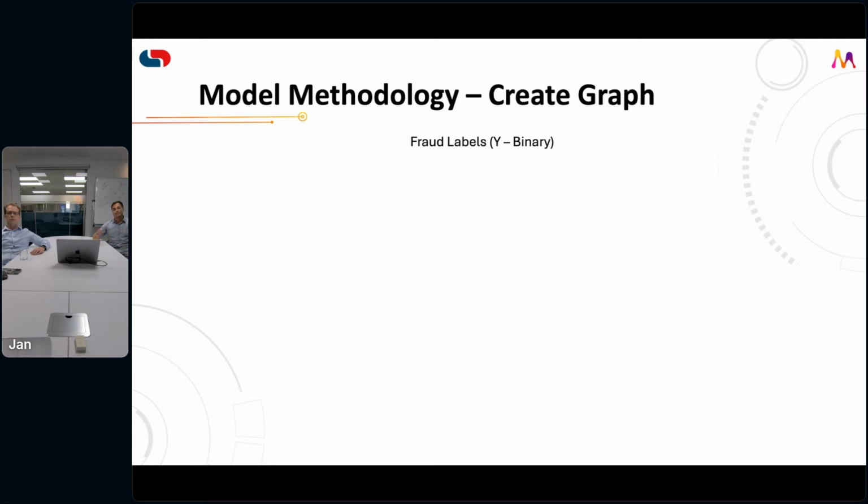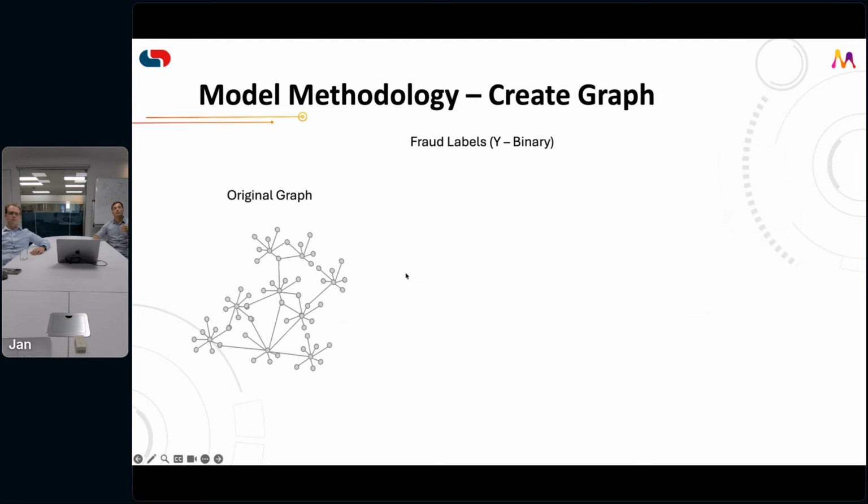After we've done this, we then said, okay, obviously we're looking at the fraud use case. And then what you would have is a normal graph here, your original graph. Now, sometimes it's very difficult to get ideas for feature engineering.